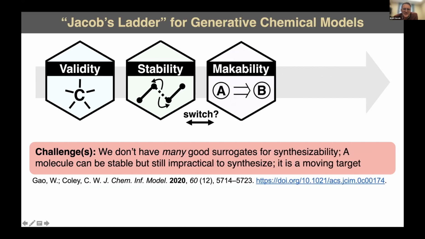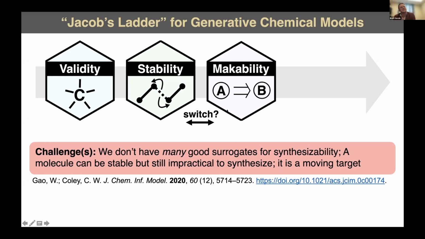I would have put synthesizability here, but it didn't fit in my hexagon, so I called it makeability. Our previous speaker has probably been the person who's taken this the most seriously, I would argue, in the field. Just because it's a valid Lewis structure, and just because, let's say you use some surrogate like heat of formation for stability, that doesn't mean you're going to be able to make this thing.